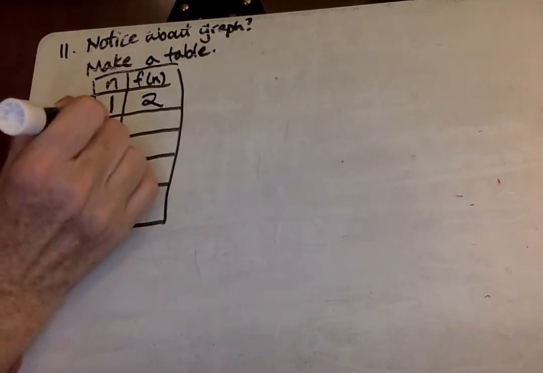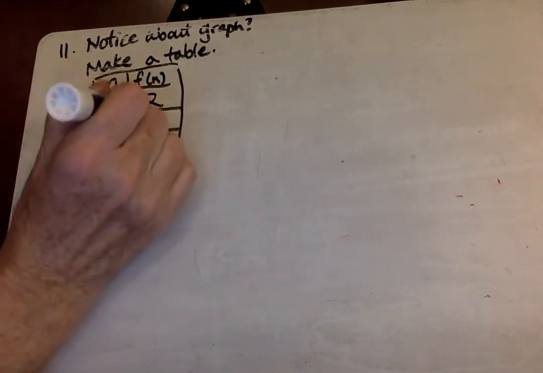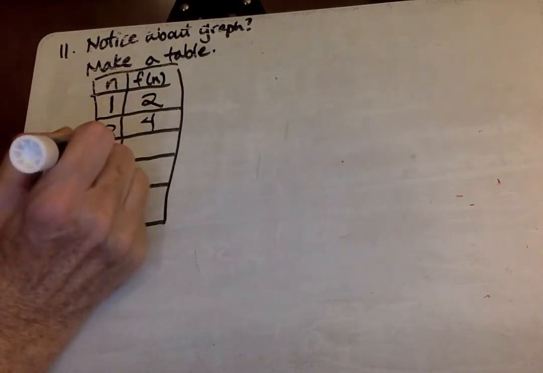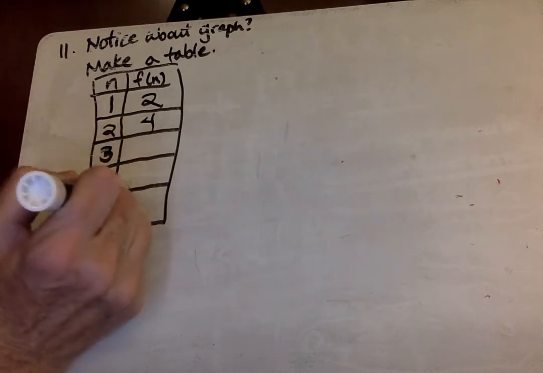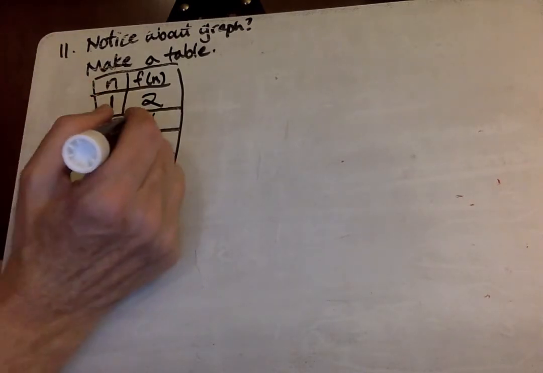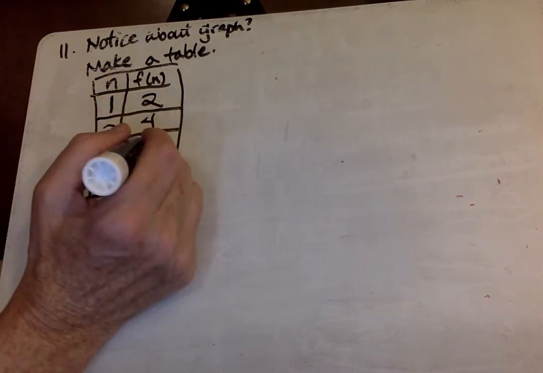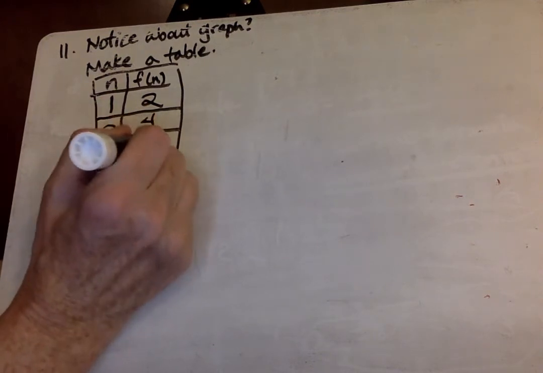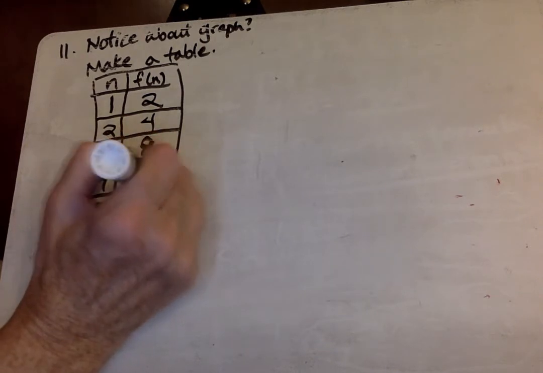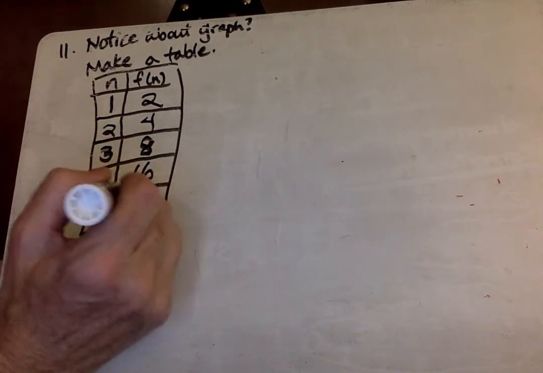If n is 2, f of n is 4. Now, can you fill in the rest of this chart with n equals 3, 4, and 5? So these are the terms. And this is 2, 4, and then what's the next one? And again, you could stop the video and fill this out if you would like.